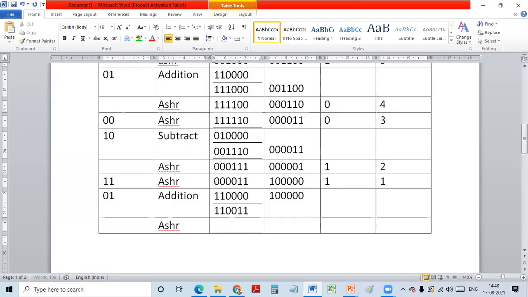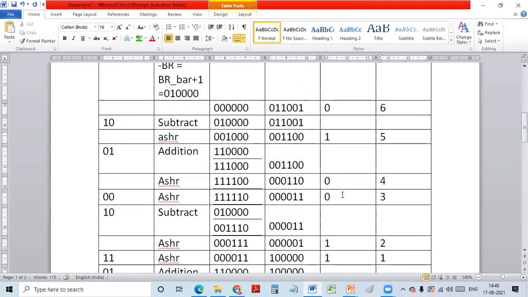Arithmetic shift right. So 1, 1, 1, 0, 0, 1, 1, 1, then 4 zeros, and this is 0. And SC becomes 0. The algorithm is finished because the sequence counter is 0.